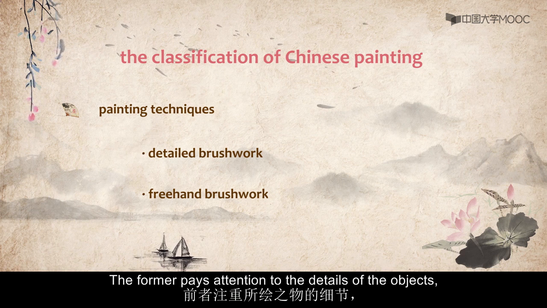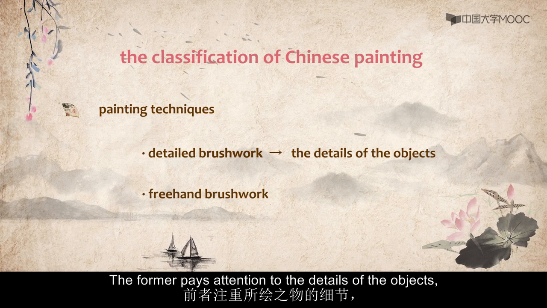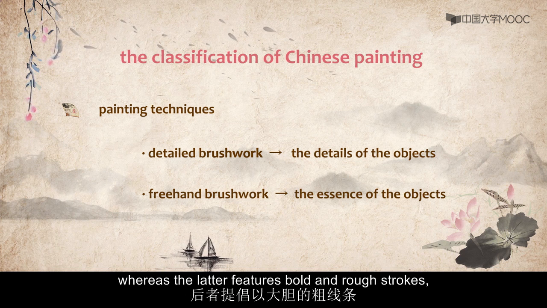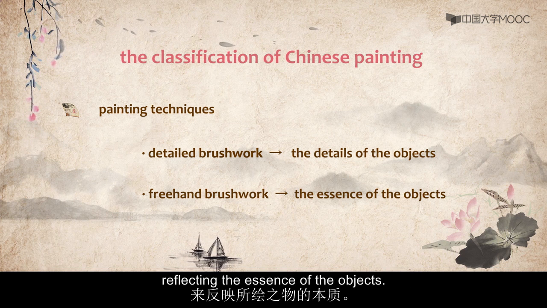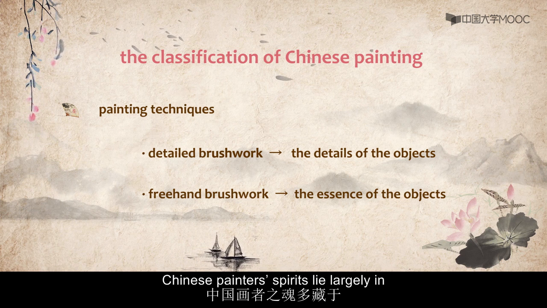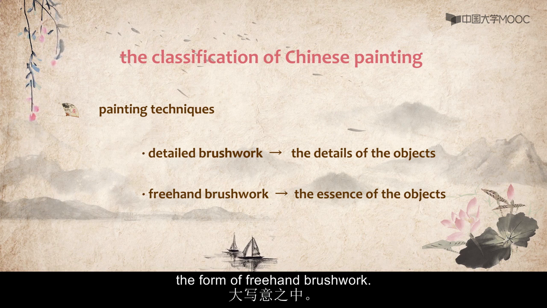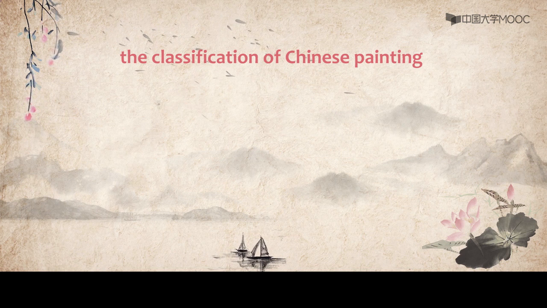The former pays attention to the details of the objects, whereas the latter features bold and rough strokes, reflecting the essence of the objects. Chinese painters' spirits lie largely in the form of freehand brushwork.